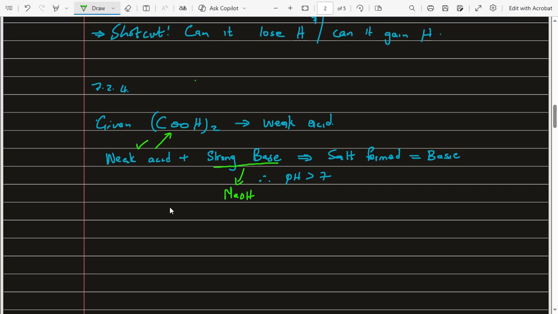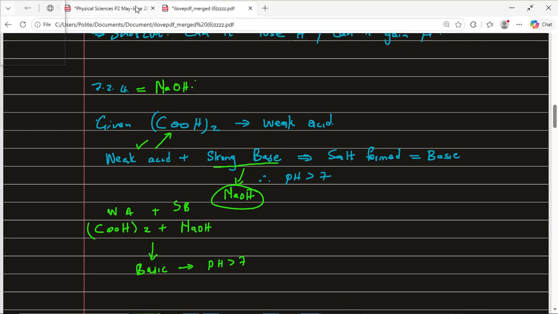So when I do a neutralization, I can say that the COOH reacts with the NaOH. It's a weak acid reacting with a strong base. So the salt that is formed is basic, which gives us a pH that is greater than 7. Therefore, for 7.2.4, the answer is sodium hydroxide.